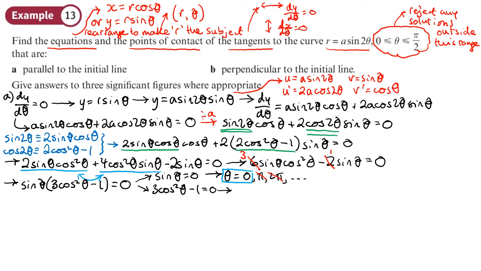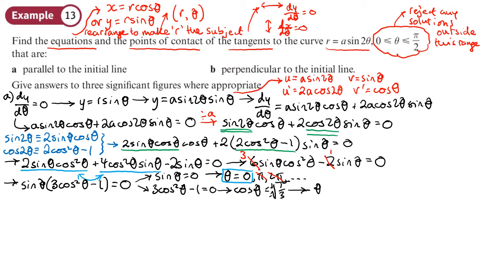We'll do the same with this bottom equation. If we rearrange it, we'll get cos theta equals, we'll have 1 over the other side, divide by 3, and it'll be plus or minus the square root of that.